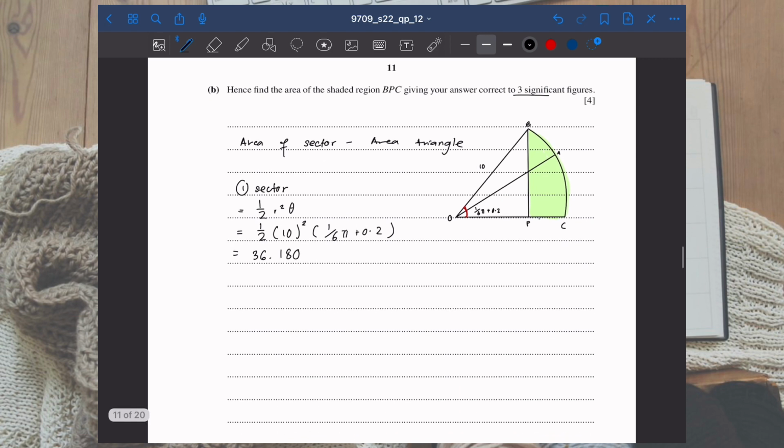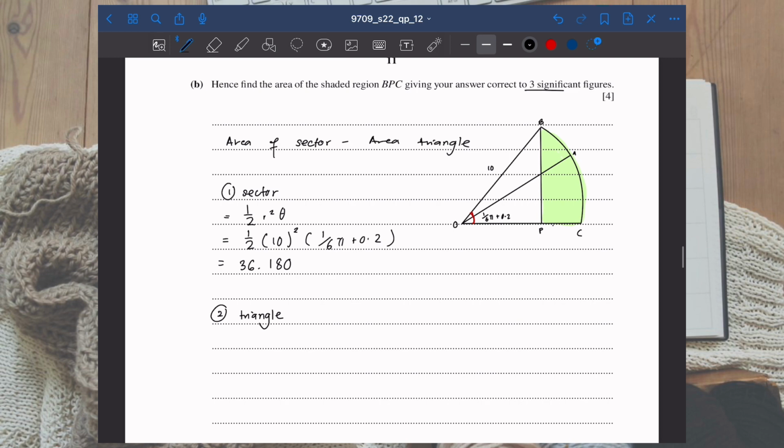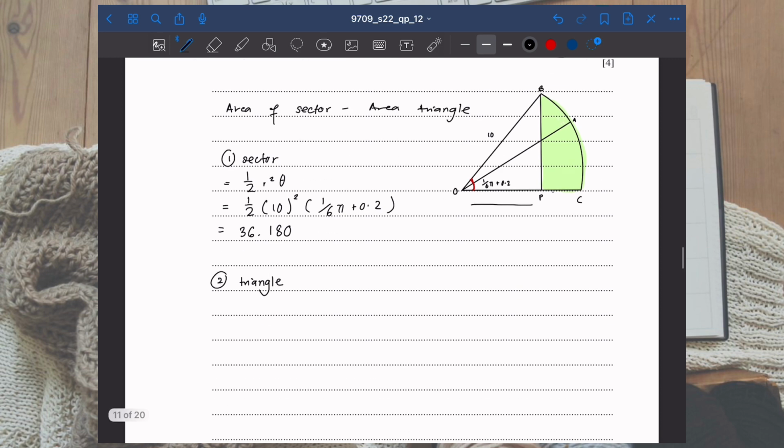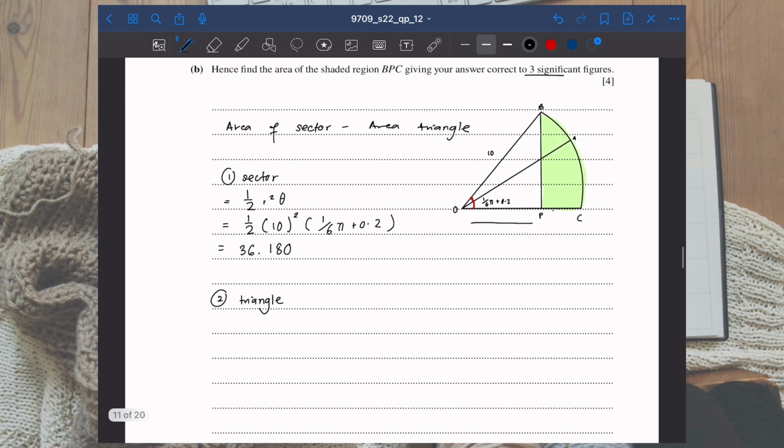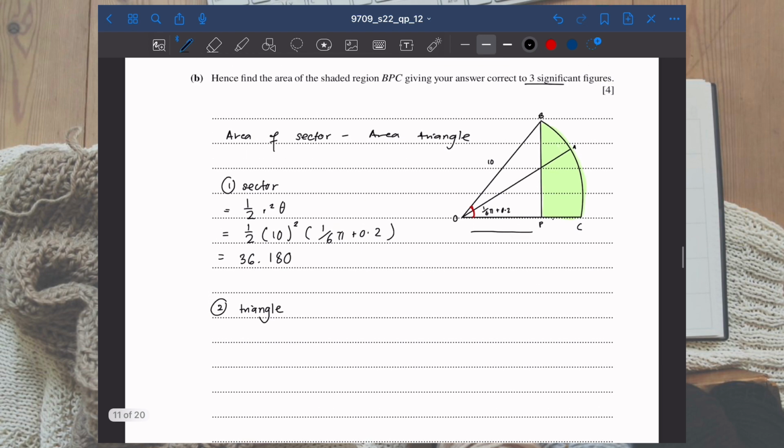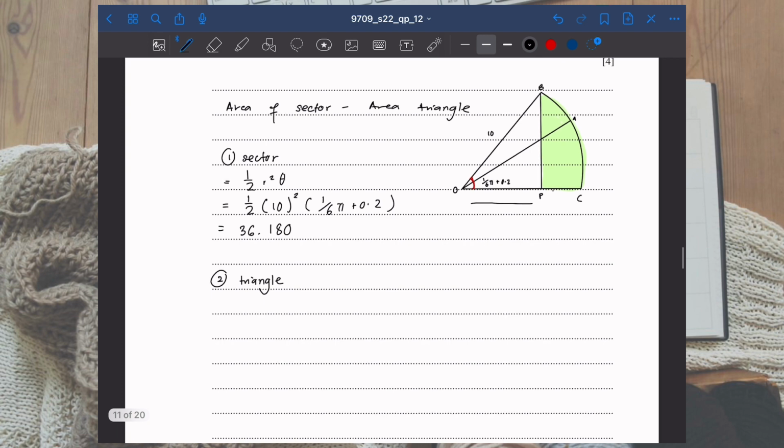And then for our area of triangle, we'll need to find first length OP and length BP. So we can use the trigonometry rules. So for OP, we can use cos theta equals OP over OB, which is the adjacent over the hypotenuse.